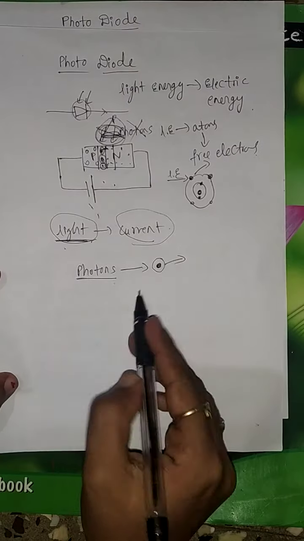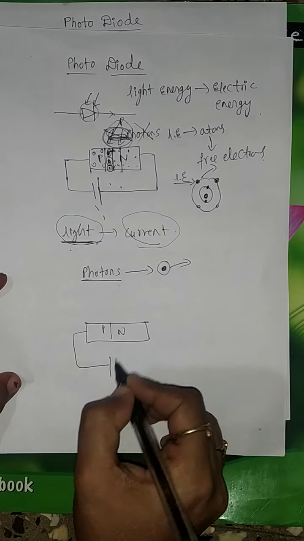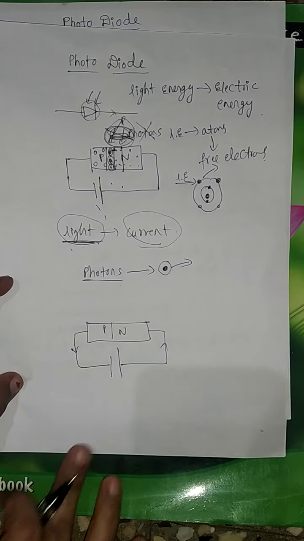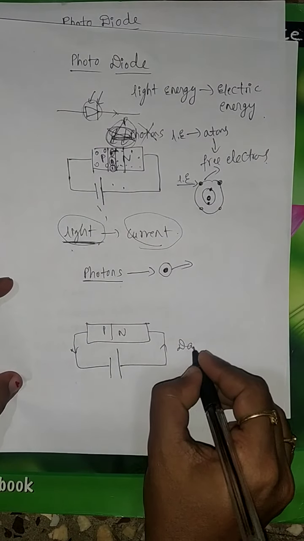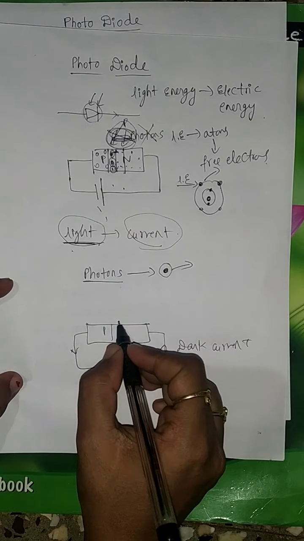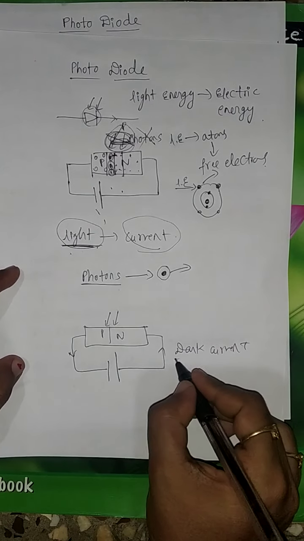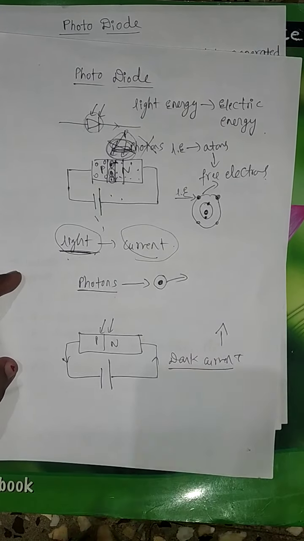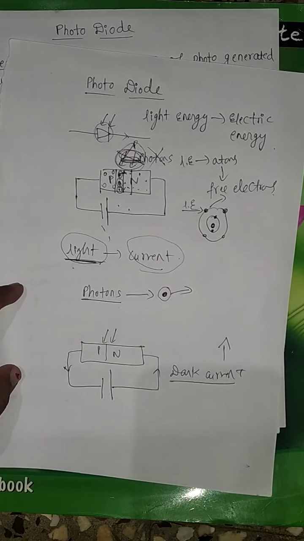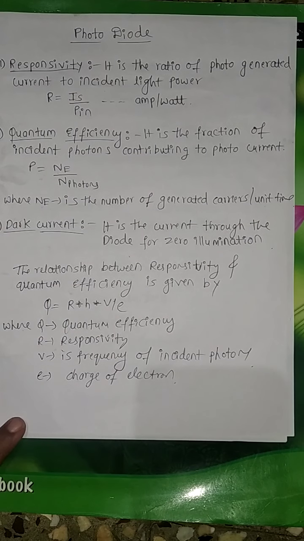See here clearly, without light this PN junction diode is still giving some current, that is called dark current. Here there is no light, but once light is incident, this dark current value goes on increasing, since more current can be generated. This one we call dark current.